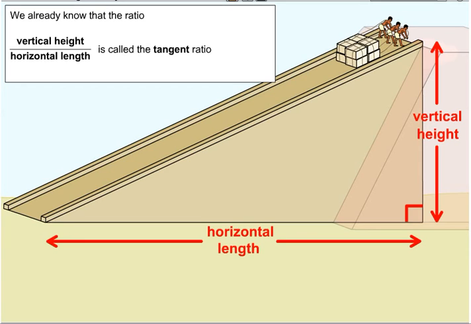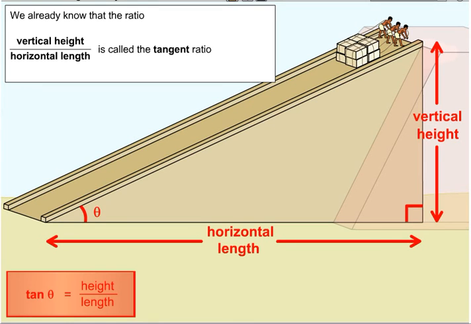We already know that the ratio, vertical height over horizontal length, is called the tangent ratio. The ratio is equal to tan of the angle theta.